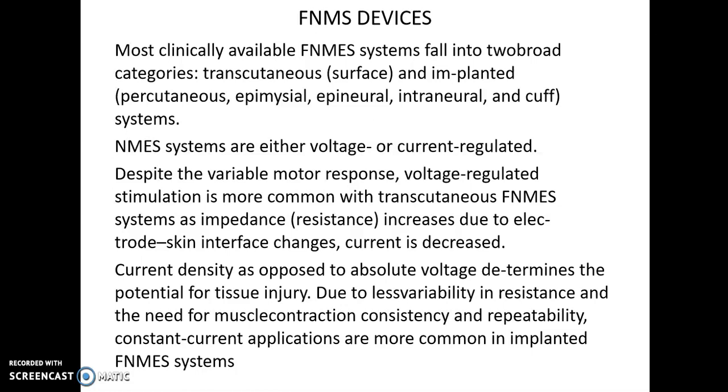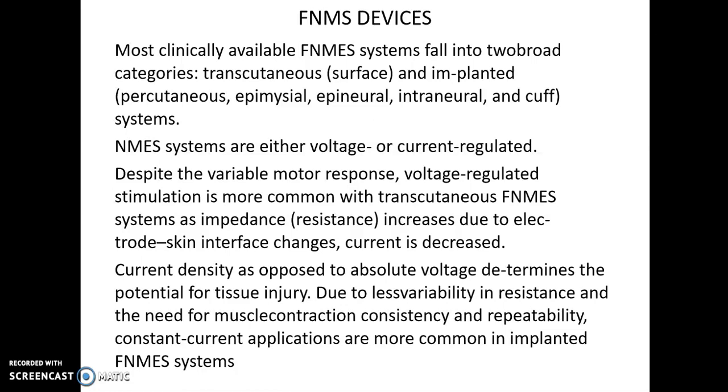Current density, as opposed to the absolute voltage, determines the potential for tissue injury. So current density is very important. We should have good knowledge about that, otherwise tissue injuries can happen. So all the contraindications have to be taken into consideration. Due to less variability in resistance and the need for muscle contraction consistency and repeatability, constant current application is more common in implanted FNMES systems.